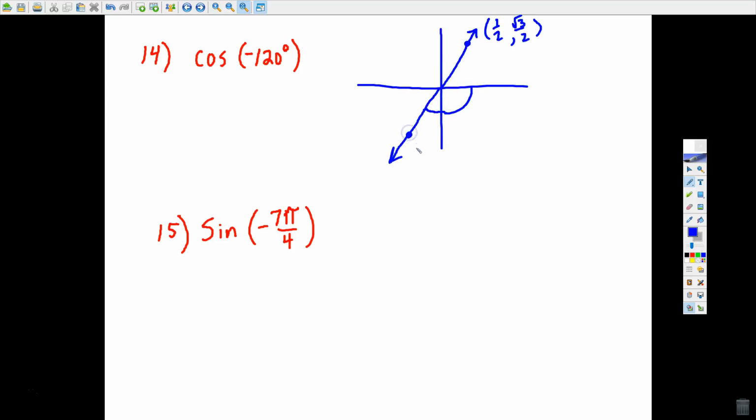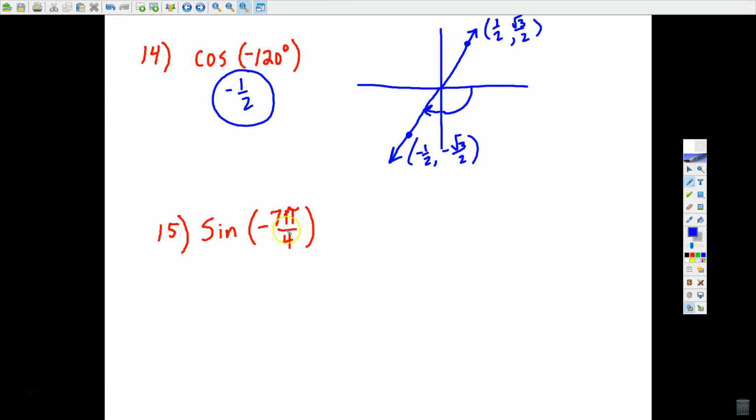So in quadrant 3, this would be negative 1/2, negative square root of 3 over 2. Okay, see how that works? All right, so cosine is the x-coordinate, and so that's pretty simple. It's negative 1/2.